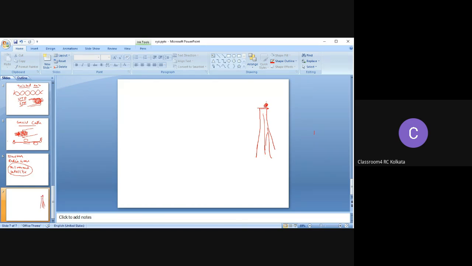This signal is transmitted, suppose, to this area. At this point, the signal is very low. So in this area, you install another tower.